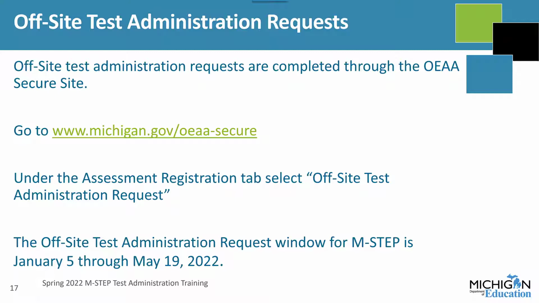The Off-Site Test Administration request is found under the Assessment Registration tab in the OEAA Secure site. Select Off-Site Test Administration Request. The window to submit Off-Site Test Administration requests is open January 5th through May 19th, 2022.